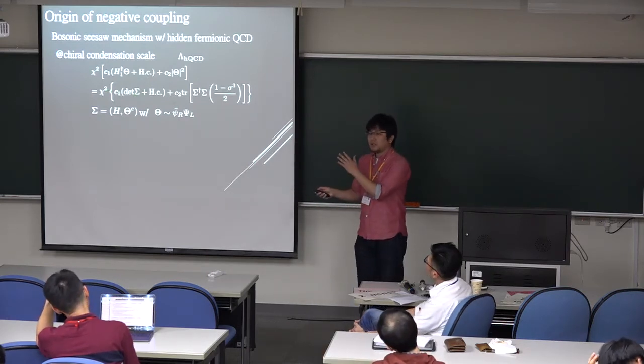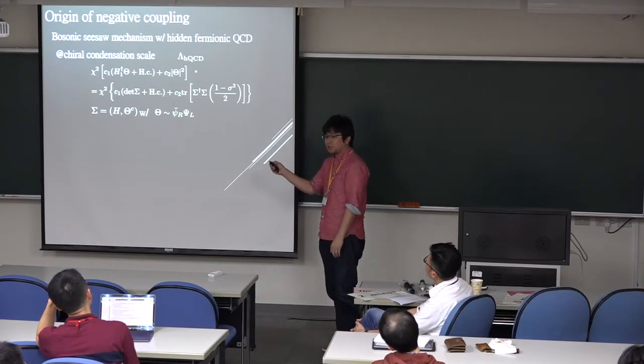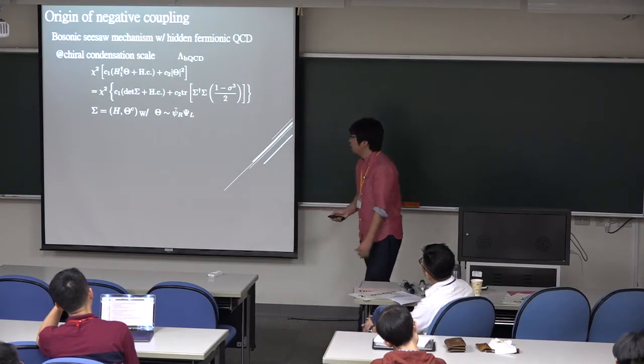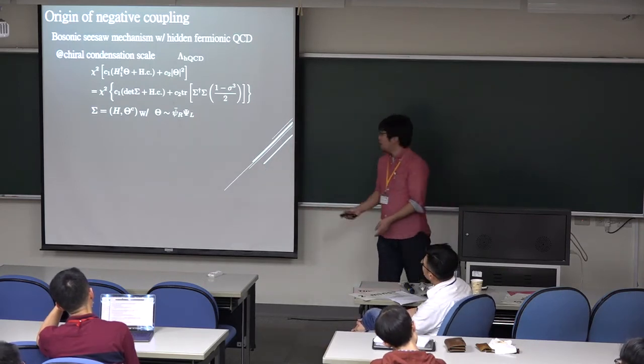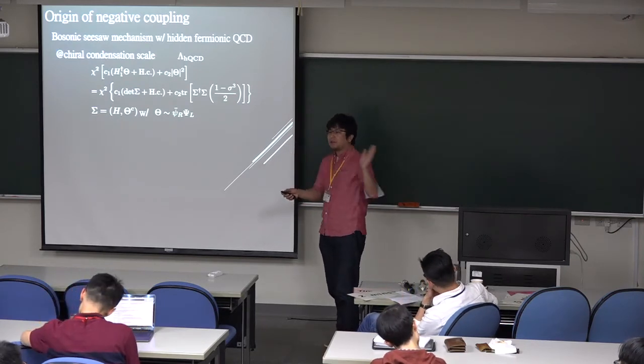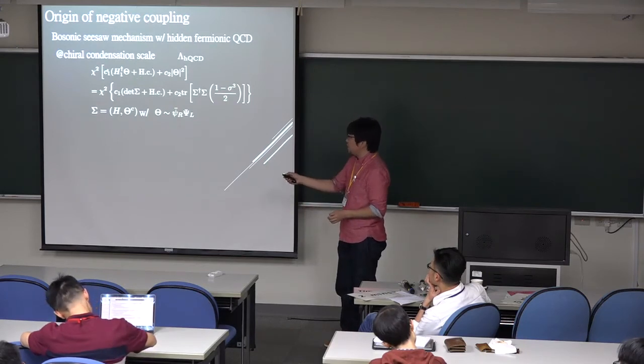But thanks to the non-perturbative effect, we can have the mass term for the composite Higgs, and this parameter must be positive. And thanks to the Yukawa coupling between the hypercolor fermion and the standard model elemental Higgs, we could have the mixing term between the elemental Higgs and the composite Higgs.